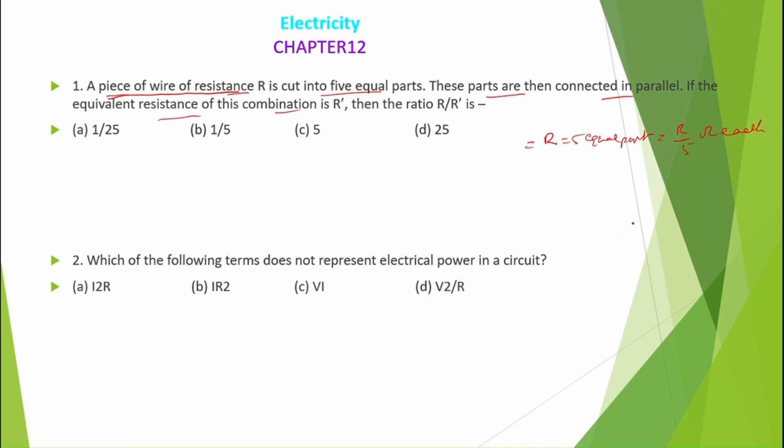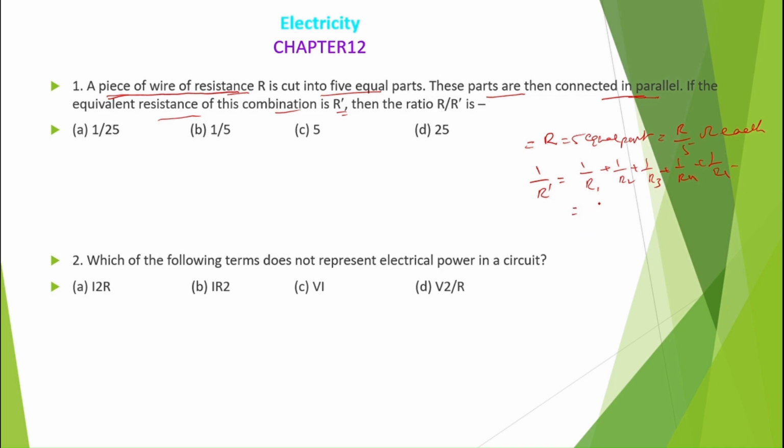Each. Then it is connected in parallel. These 5 resistances connected in parallel. So the equivalent resistance of this, whatever answer you are getting, that is 1 by R dash. 1 by R dash is equal to 1 divided by R1 plus 1 divided by R2 plus 1 divided by R3 plus 1 divided by R4 plus 1 divided by R5.